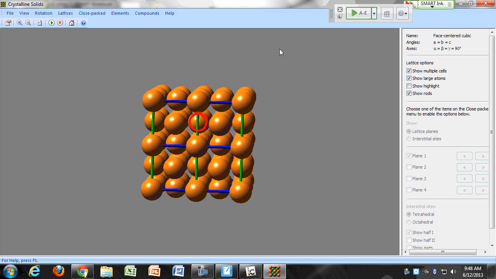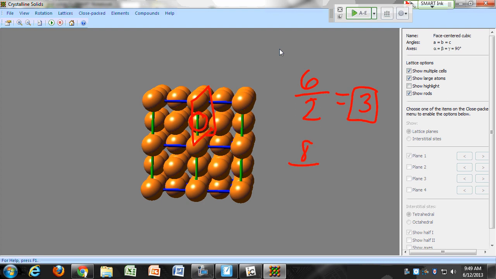This face right here is shared between 2 neighboring cells, right? So an atom on a face would be shared by 2 cells. So effectively, only half of that atom belongs to a cell. So if you have 6 faces, only half of the atoms on those 6 faces belong to the cell. 6 divided by 2 would be 3.